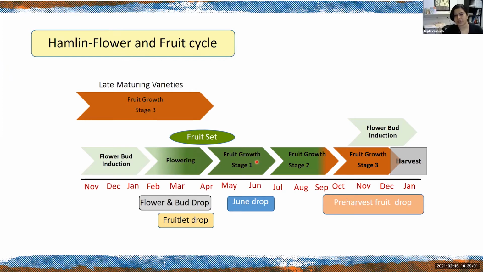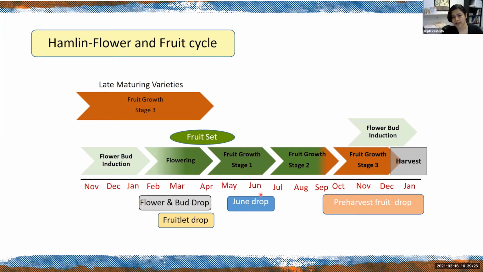And that makes our management really difficult because you not only have to think about the fruit drop, you have to think about if you do something, what it's gonna do to your flowers for the next year. So for example, previously to enhance flowering or flower bud induction, we used to induce drought stress at the flower bud induction period.